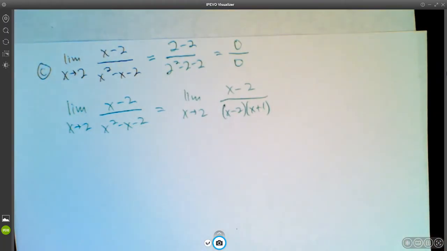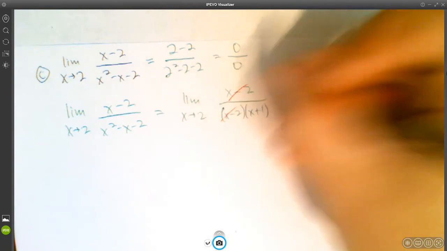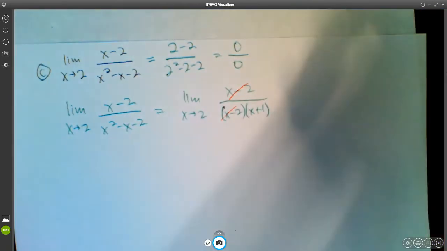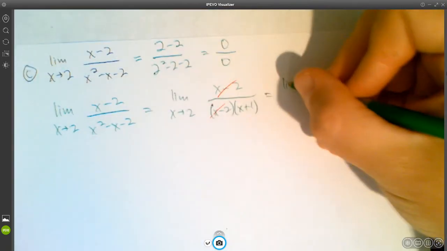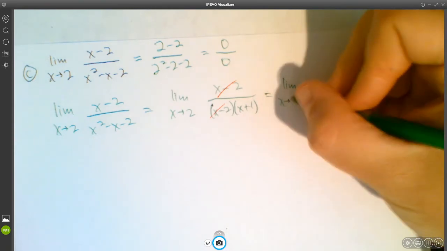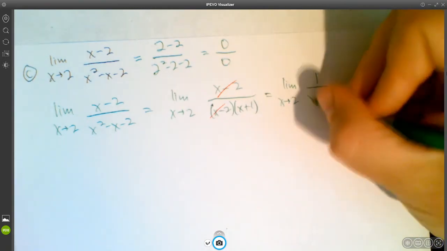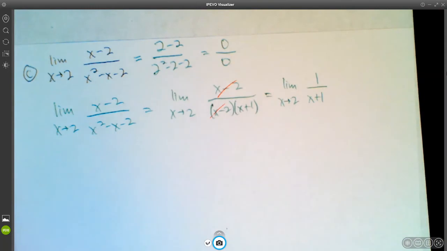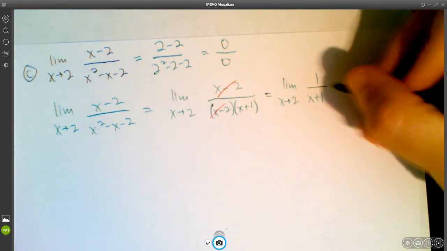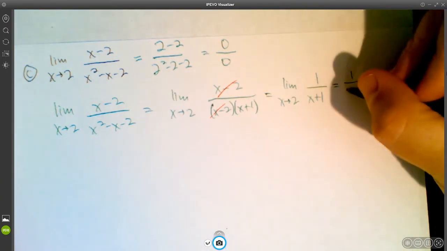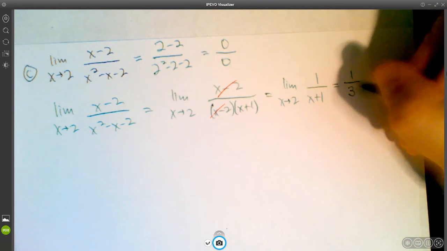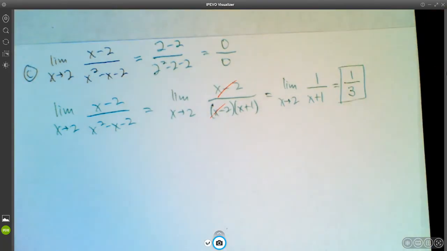And now notice that the x minus 2's will cancel. You get the limit as x approaches 2 of 1 over x plus 1. Now we can plug in 2, and if we don't get 0 in the denominator, then that's our limit, right? So we plug in 2, and we get 1 over 2 plus 1, which is 3. And so that's that.